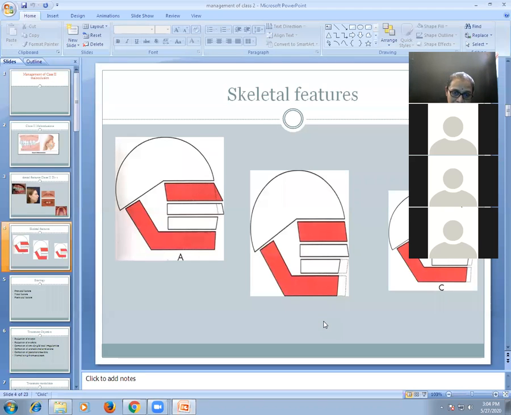So what are the skeletal features? Prognathic maxilla, retrognathic mandible, or combination of both, retrognathic mandible and prognathic maxilla.